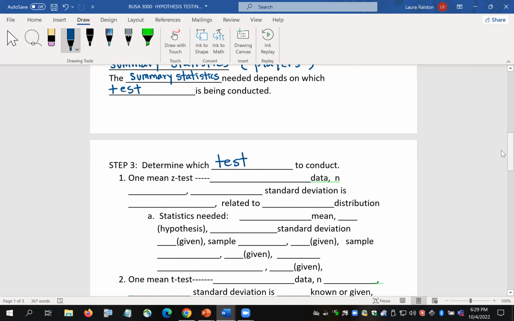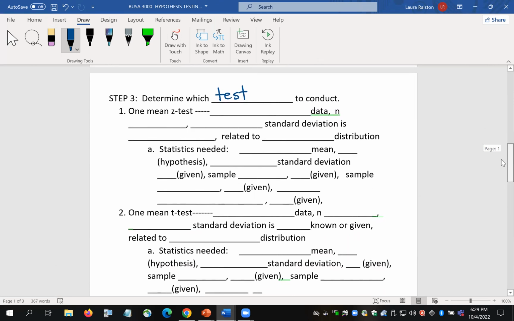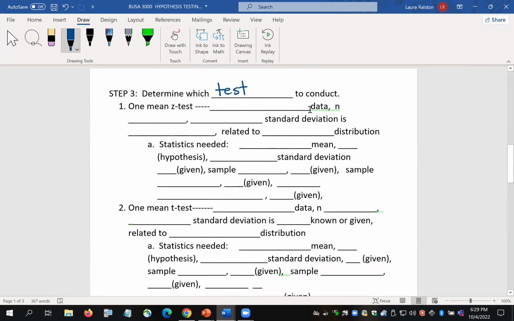And then as we go into some that you haven't seen before, such as the 2-mean t-test, the chi-square test for independence, and the chi-square test for association, we'll come back and I'll give you the same information. Okay, so 2 that hopefully you're already familiar with or can recall pretty easily are the 1-mean z test and the 1-mean t test.